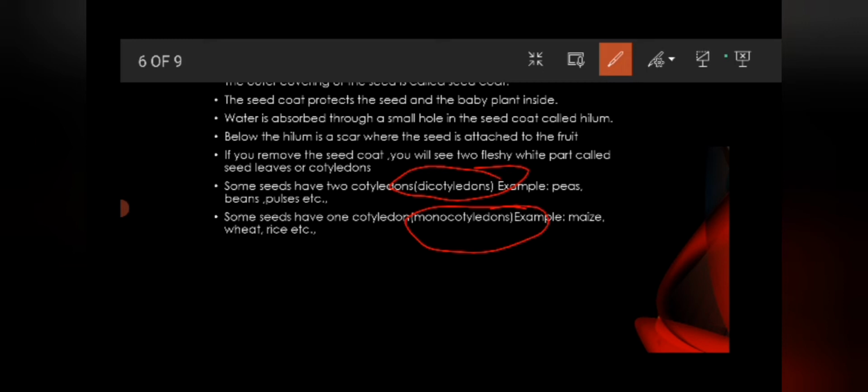Dicotyledons have two cotyledons. You can see two cotyledons inside. Examples of dicotyledons are peas, beans, and pulses. Monocotyledons have only one cotyledon. Examples are maize, wheat, rice, etc. In the coming slides, I'll show you pictures of these dicotyledon and monocotyledon plants.